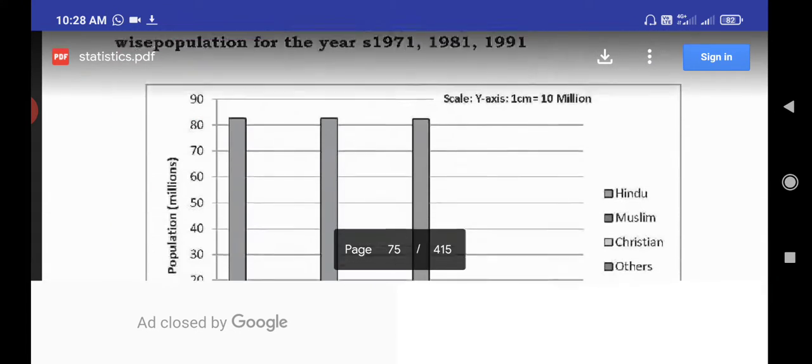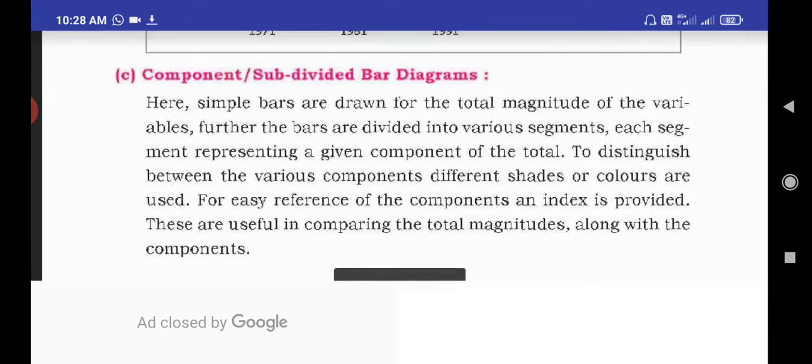Okay students, next we should know about the component or subdivided bar diagram. A component or subdivided bar diagram means simple bars are drawn for the total magnitude of a variable. Further, the bars are divided into various segments, each segment representing a given component of the total.